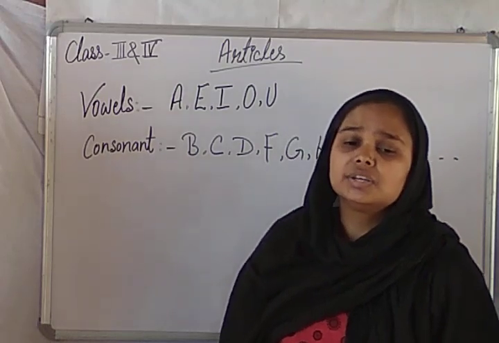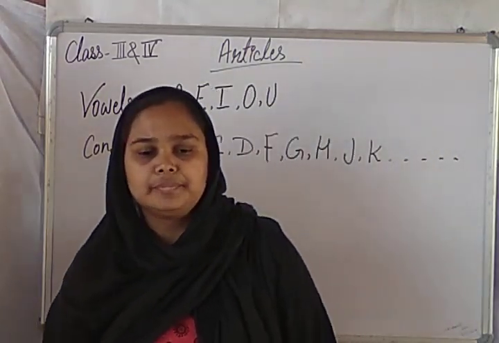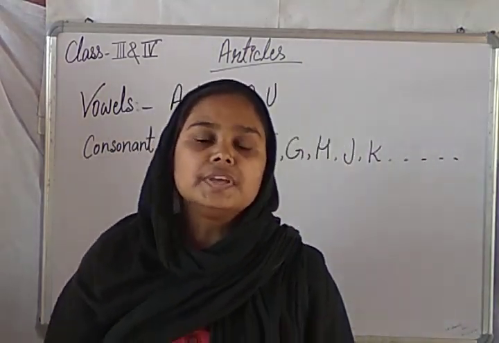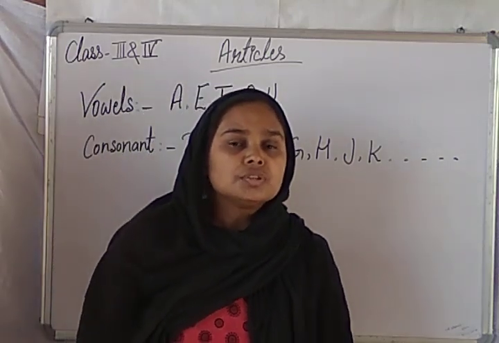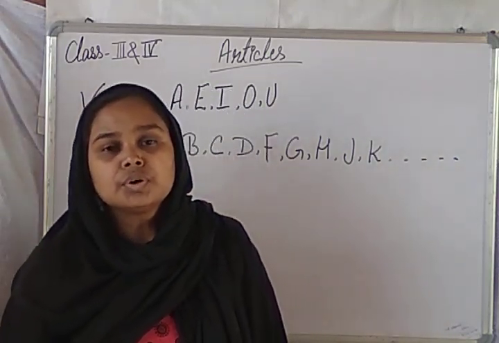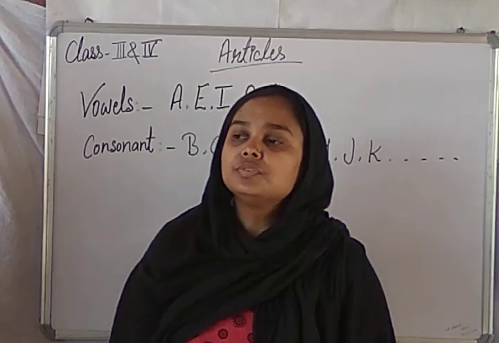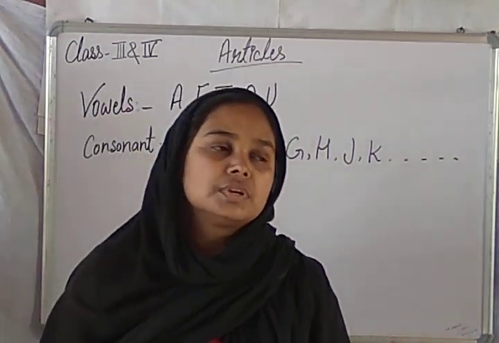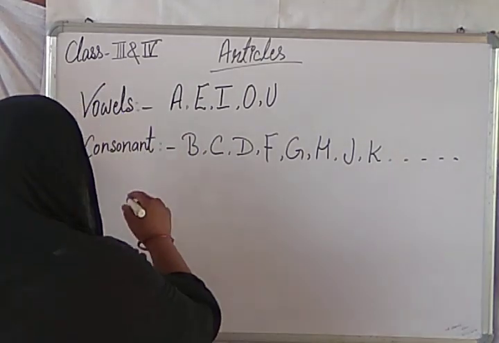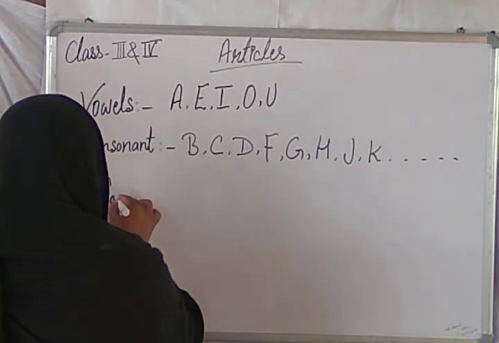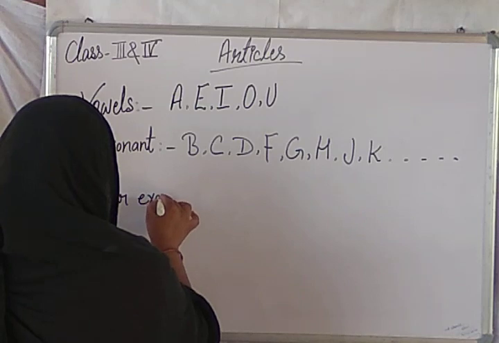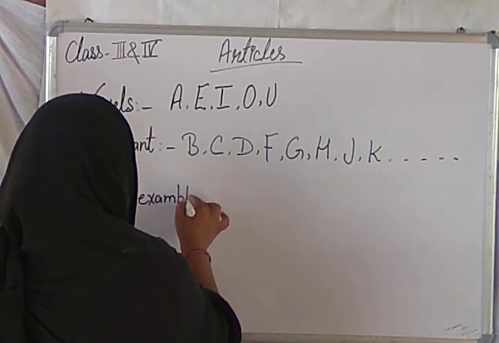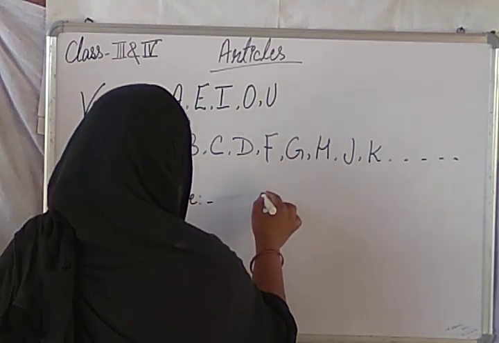Now let's see the use of article A. A is used with consonant letters and consonant sounds. We use A before singular nouns. For example, a boy.